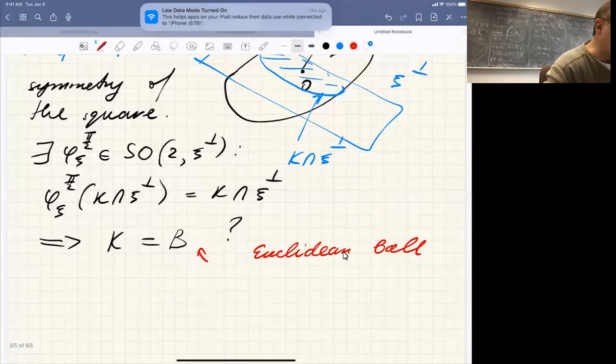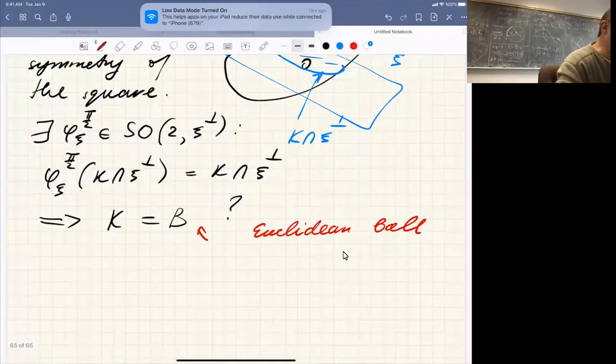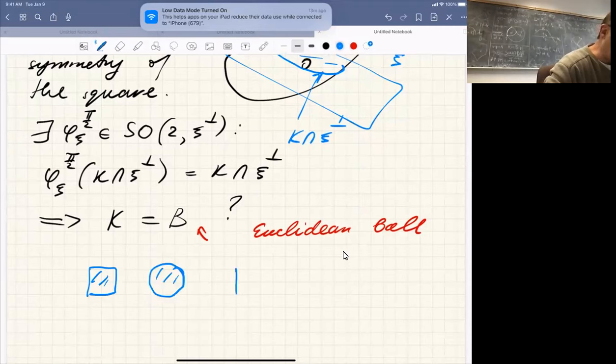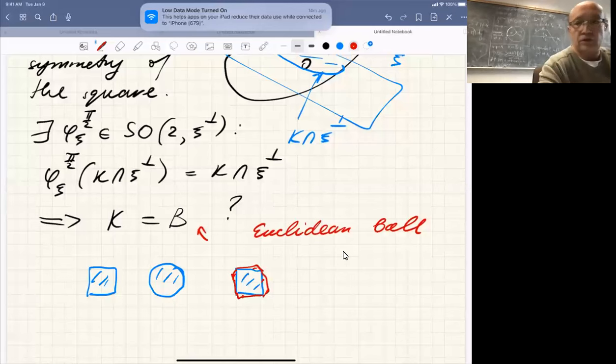So let me clarify a little bit. There are many 2-dimensional shapes that have the symmetry of the cube. For example, you have a square, a shape like this. You have a disk, but there are many others. For example, if you take a cube and then you somehow add pieces to this cube so that the thing is invariant under rotation by pi over 2, so it still has the same symmetry.